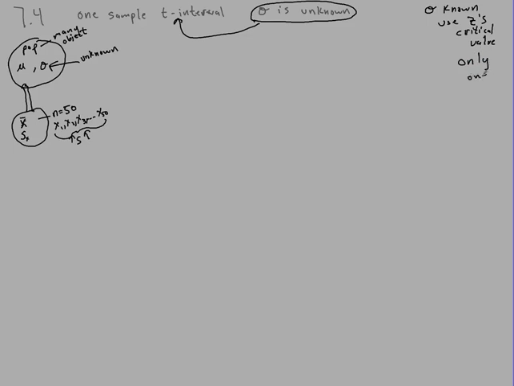there's only one z distribution. The t is different because basically there is a t distribution for every sample size.